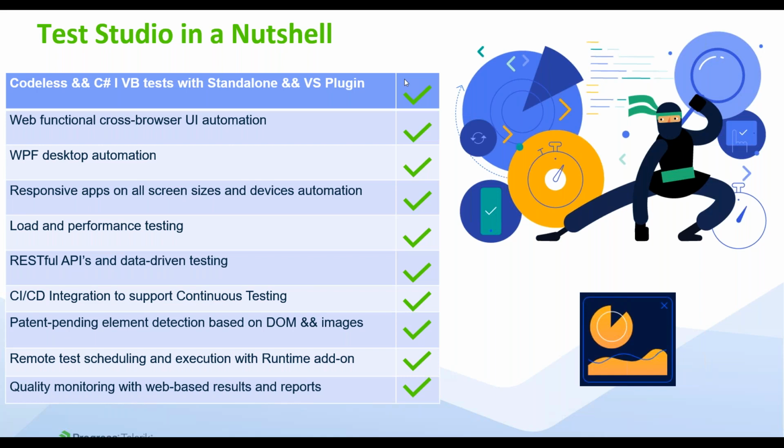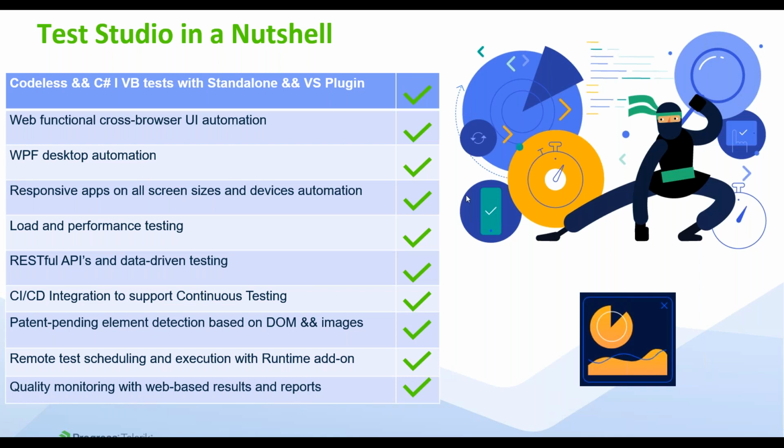Last and not least, after you have created and recorded your automation tests, you can schedule them for local or remote execution and monitor the results with the corresponding tools and dashboard and reporting features that we offer.